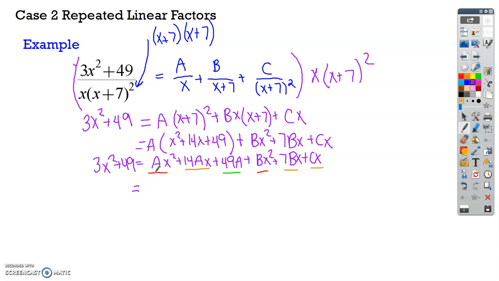So I'm going to group them. I have an a plus b that goes with my x squared. With my x term, I have a 14a, I have a 7b and a c. And then only one little green guy there, 49a.